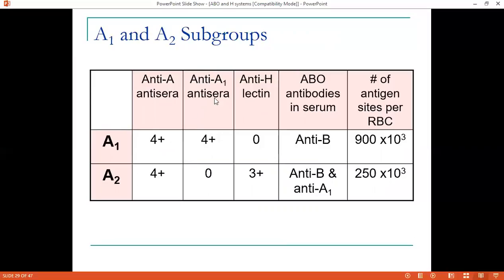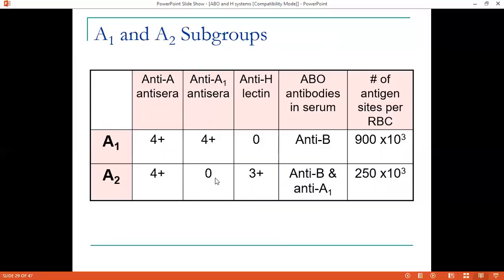So this is actually the Dolichus anti-A1 lectin that they're using that was created from that plant. And when you test it with an A1, it's going to react because, again, this is an anti-A1 antibody. But if you test it with an A2 subgroup, it's not going to react because this A2 red cell has 0 A1 antigens.